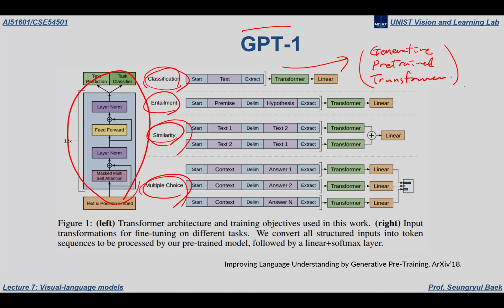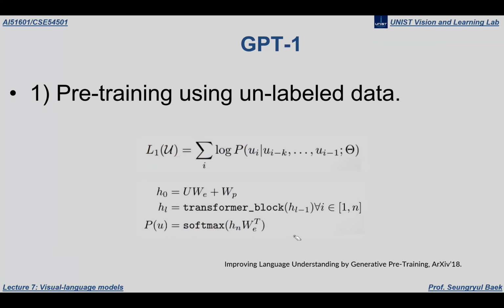Their motivation is making big, huge architectures that are pre-trained on a large data set and then fine-tuning those large architectures for multiple subtasks, and seeing whether they can generalize. That's the motivation of making GPT, especially in the language domain.